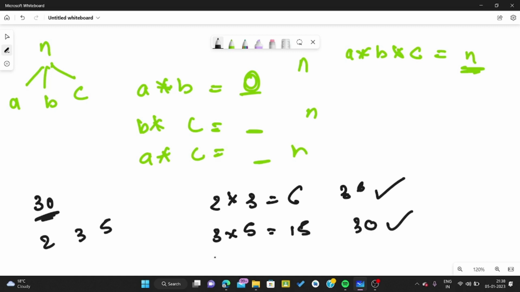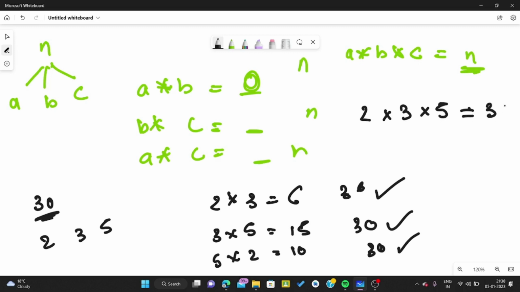And when we multiply 5 into 2, we get 10, which is a divisor of 30. Of course it is. And when we multiply all three numbers, 2 into 3 into 5, we get 30, which is a multiple of 30. Yes, it is. So here the condition is satisfied.